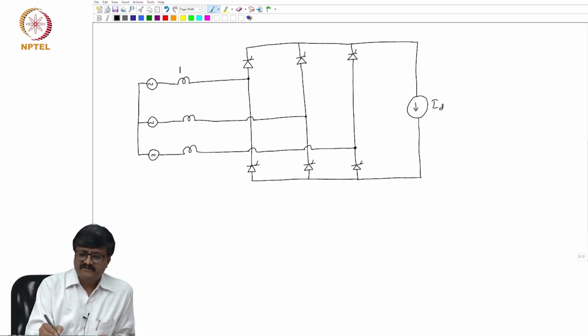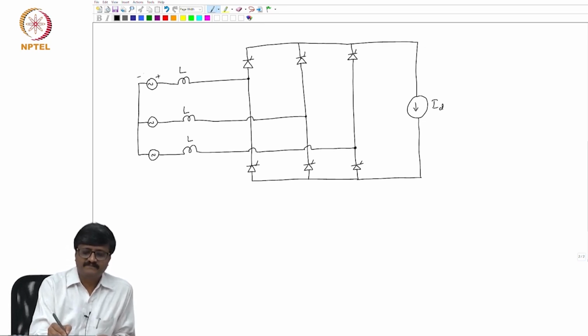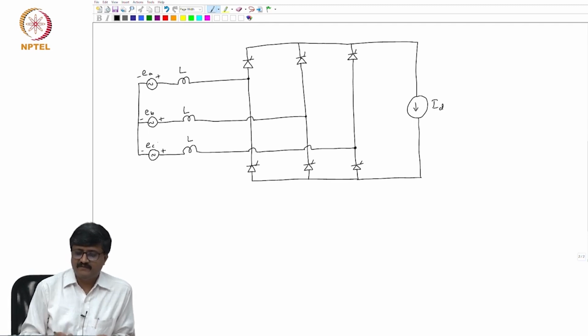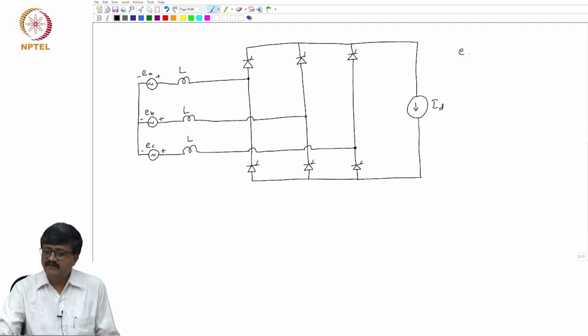The inductances in the 3 phases are identical, so let L be the inductance. The voltage in phase A is EA, in phase B it is EB, and in phase C it is EC. We will be using the same expressions for EA, EB, EC as in the previous case.